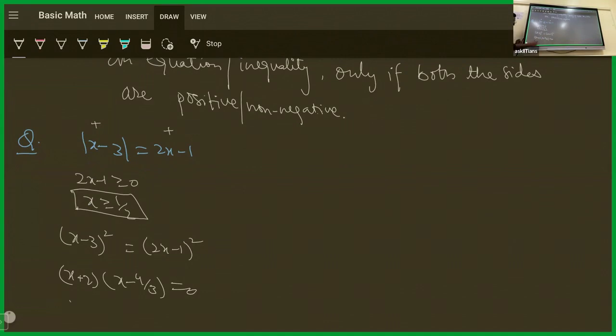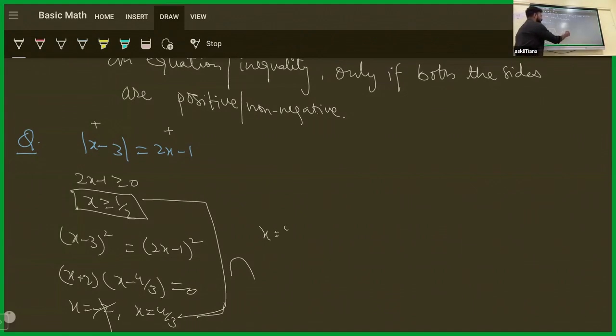From here we'll get x = -2 and x = 4/3. And again, we need to take the intersection of these two. If you take the intersection, clearly we can say that -2 is not coming in this interval. We want to take only values greater than or equal to 1/2. So only 4/3 is the answer in this case. x = 4/3.